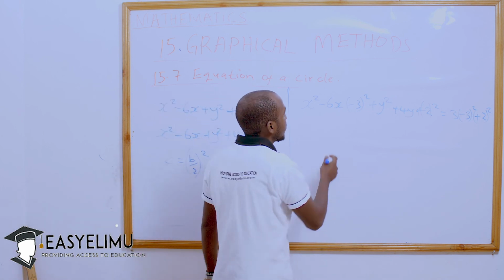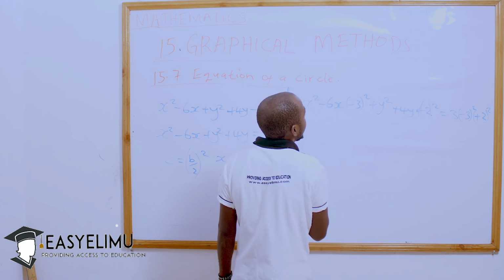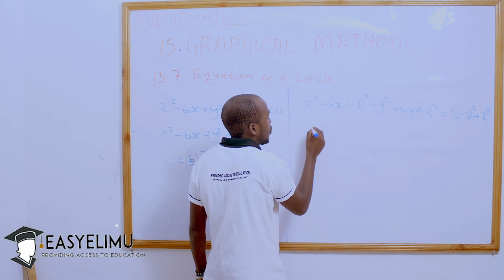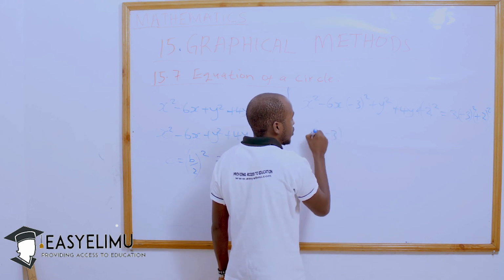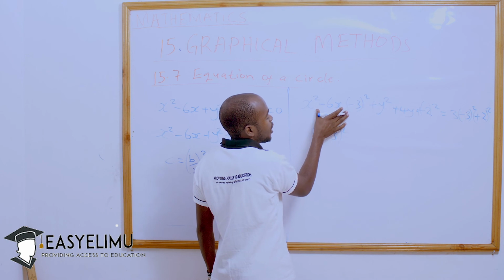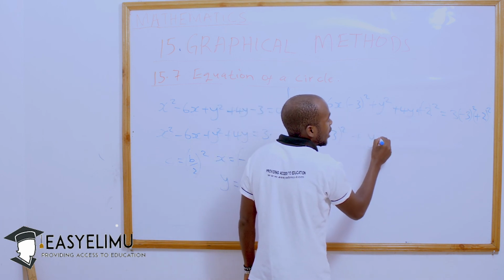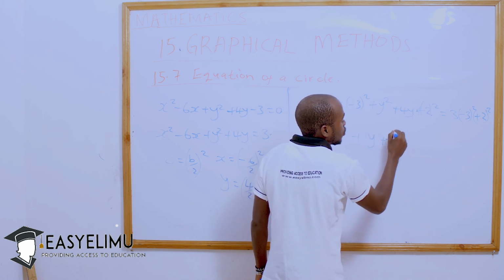So we saw earlier that this one here can be factored to give us one expression, that is x minus 3 squared. In case you expand this, you will get the equation here. Then this one here will give us y plus 2 squared.